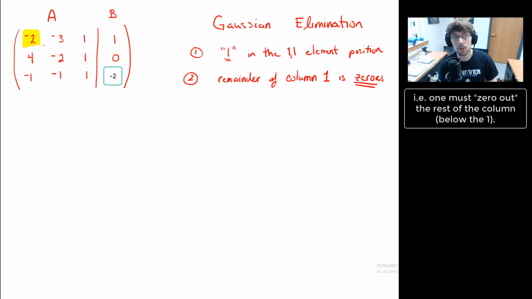In other words, after the 1,1 position has a 1 in it, we are going to perform additional row operations to get 0 anywhere else in that first column. Follow me so far?